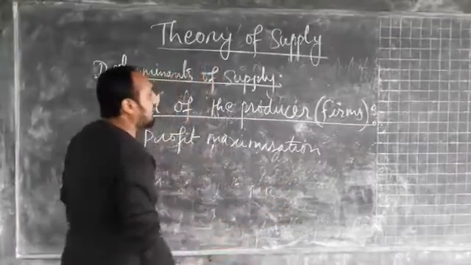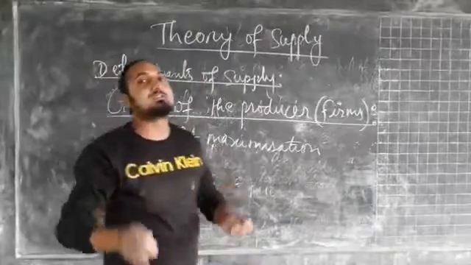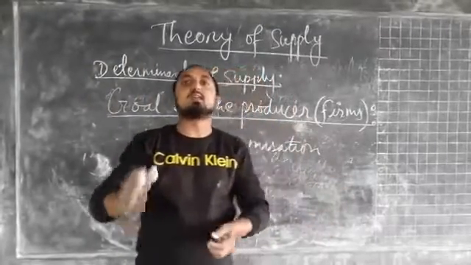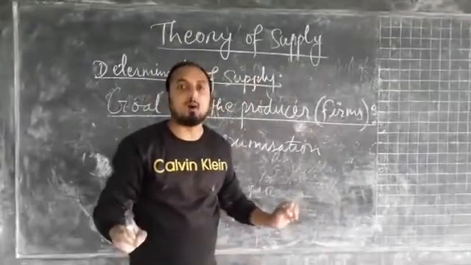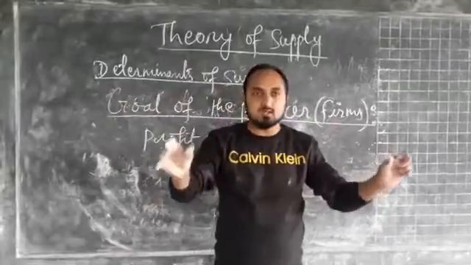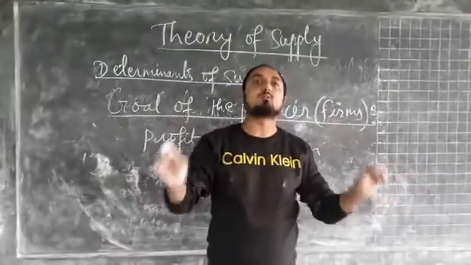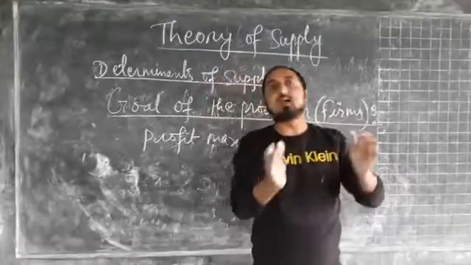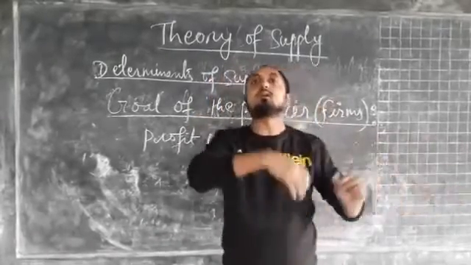Suppose we consider the example of a store and one who is selling items on the footpath. So we can find some differences. Let's consider the example of clothes. The quality of the clothes may be more or less similar, but if you purchase from a store, you have to pay a higher price.